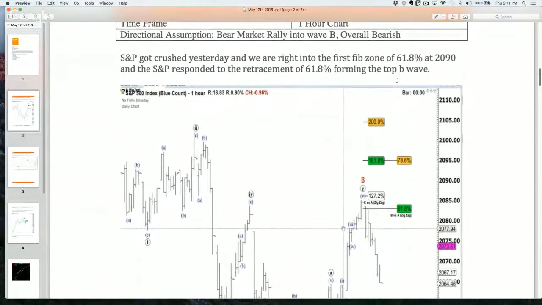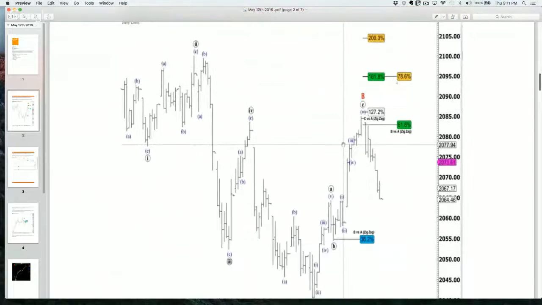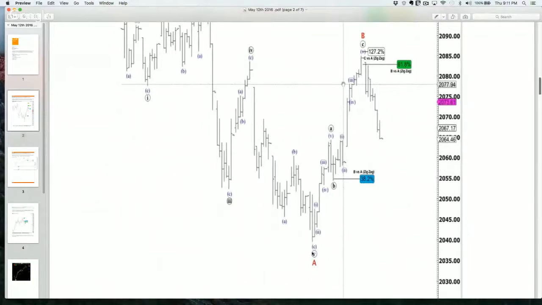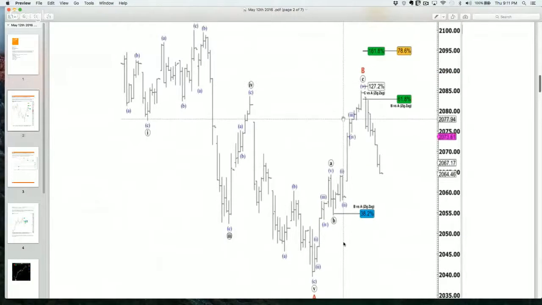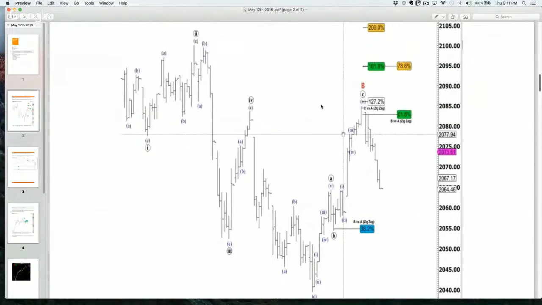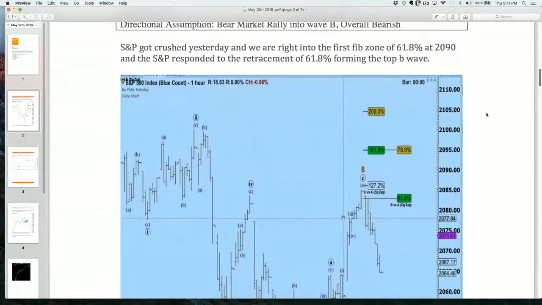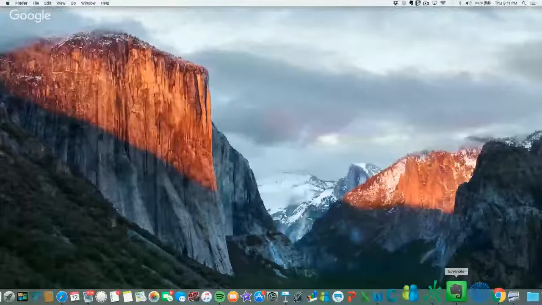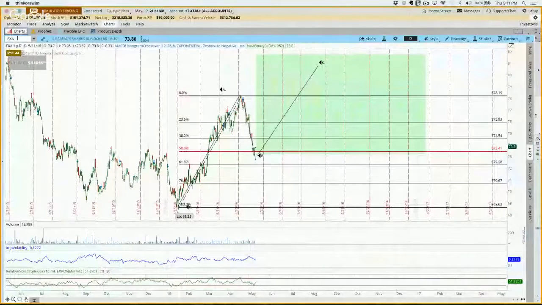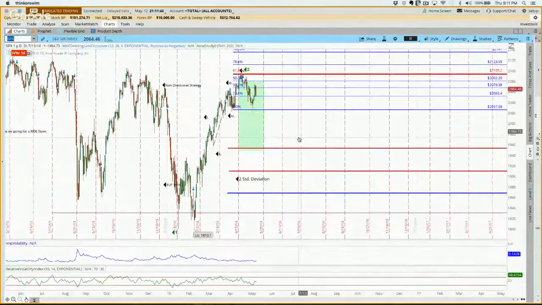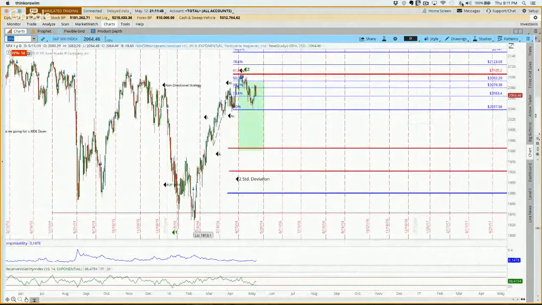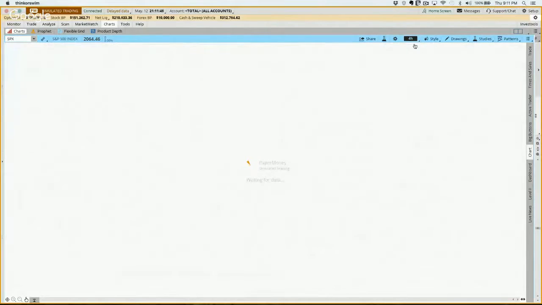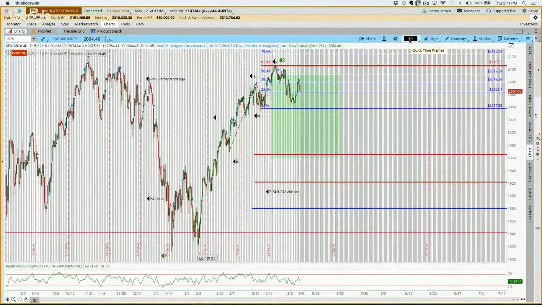So S&P 500 for the past few days has been going up, forming wave B. All right, so I just focus on the major wave count like A, B, those are major wave counts. Okay, so go to your Thinkorswim platform, plot those A, B, and C. All right. Now, before I go into the latest wave count, as you can see, this was plotted before the drop in S&P 500.